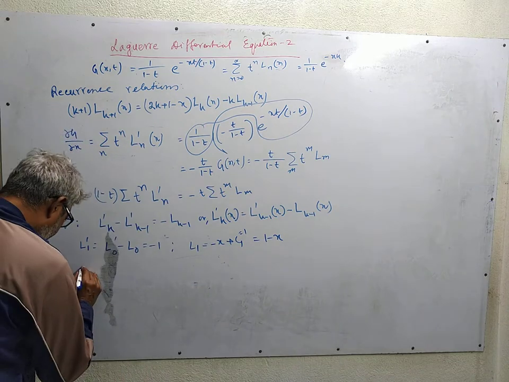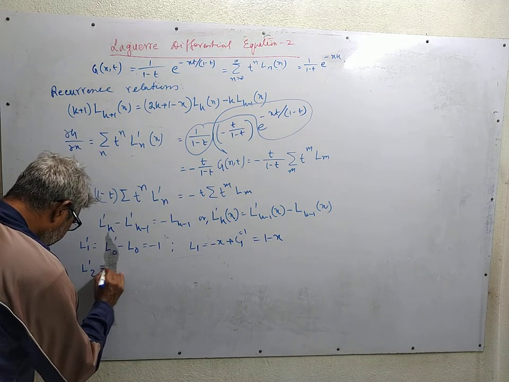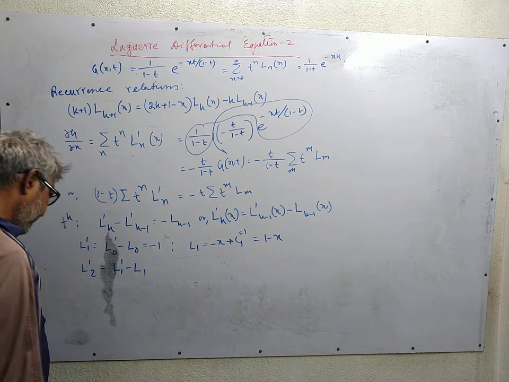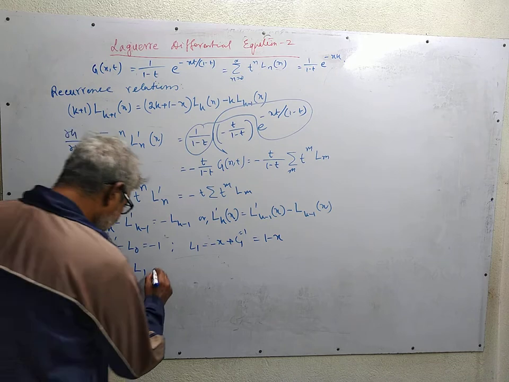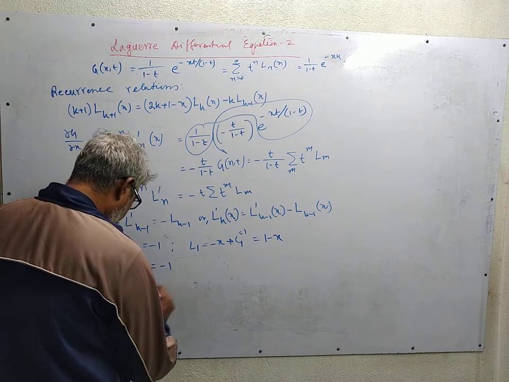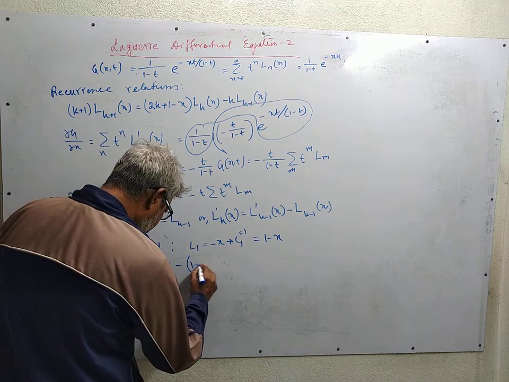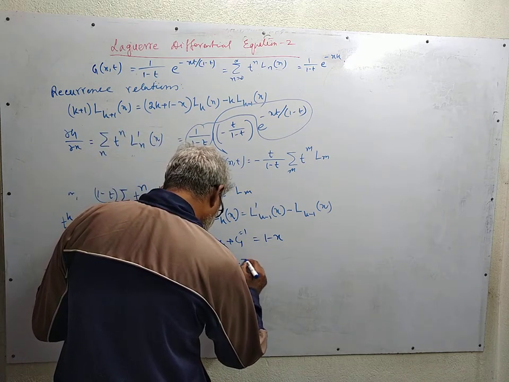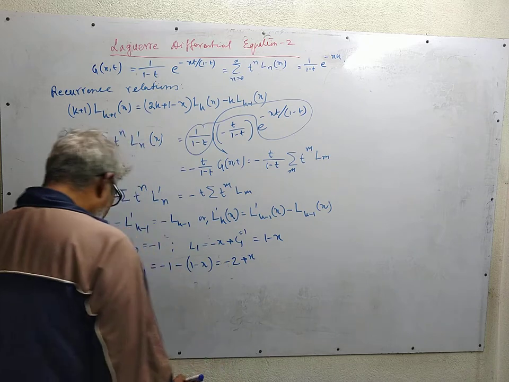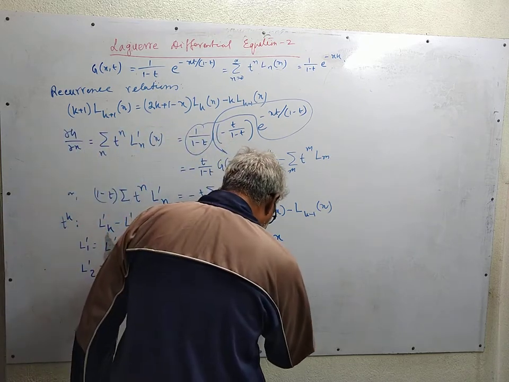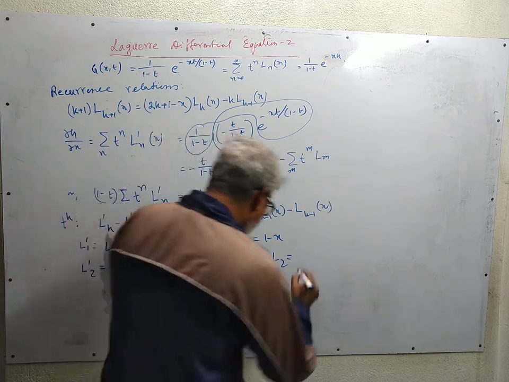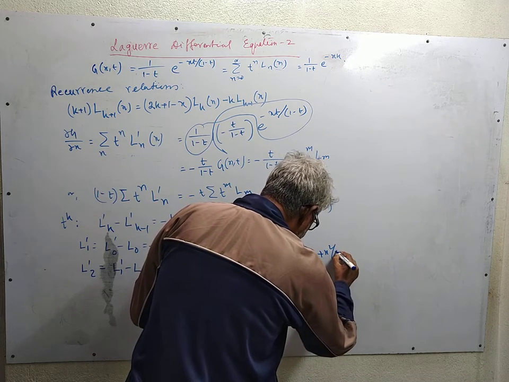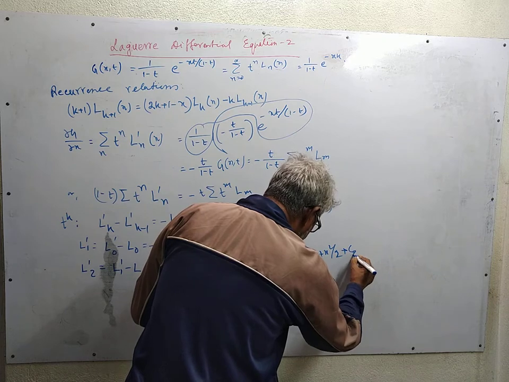Coming to L2. L2 prime is equal to L1 prime minus L1. L1 prime is minus 1, and L1 itself is 1 minus x. So we get it as minus 2 plus x. On integrating, we get L2 is equal to minus 2x plus x square by 2 plus c2.